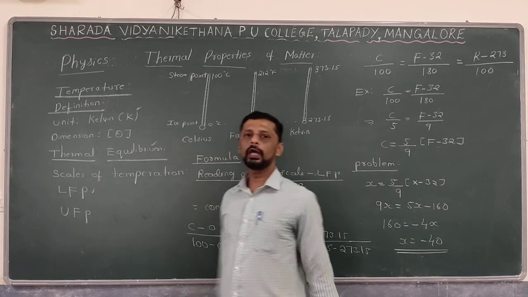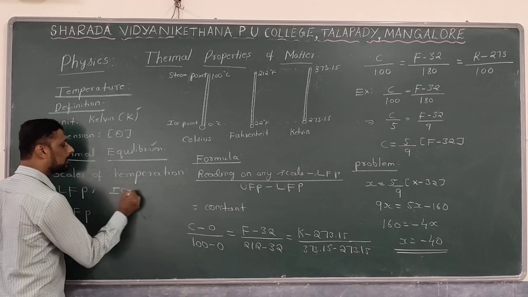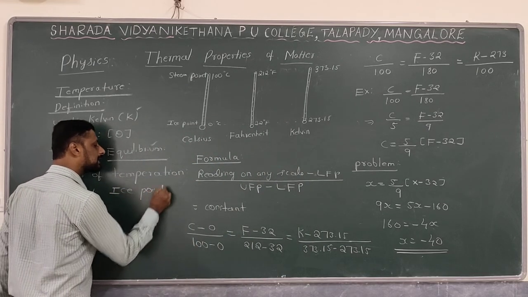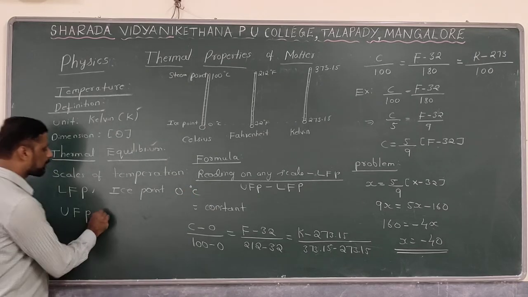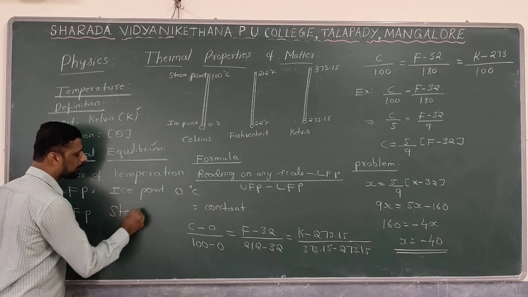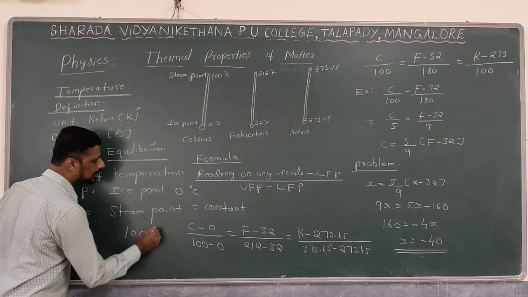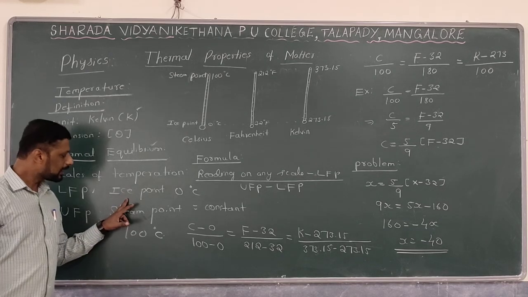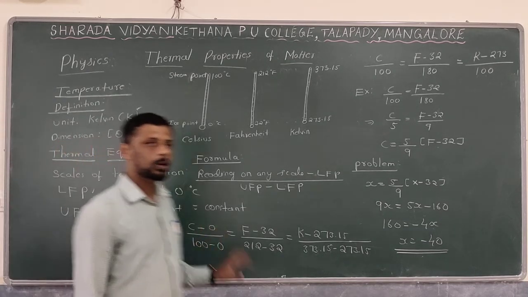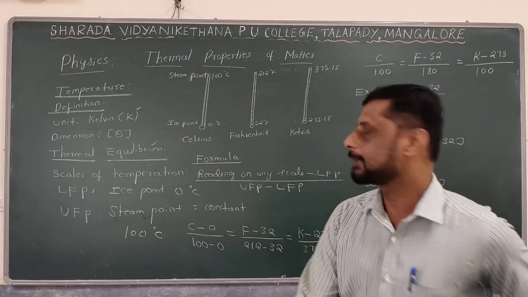One is the lower fixed point, which is usually the ice point, that is 0 degrees Celsius, and the other is the upper fixed point, the steam point, that is 100 degrees Celsius. So all scales have two fixed points, a lower fixed point and an upper fixed point.